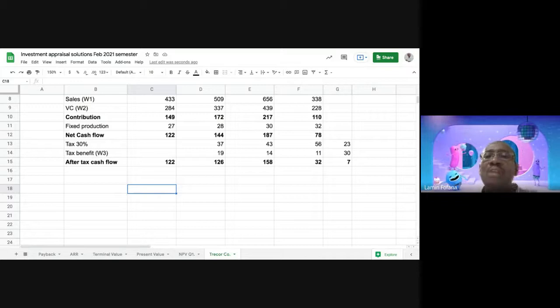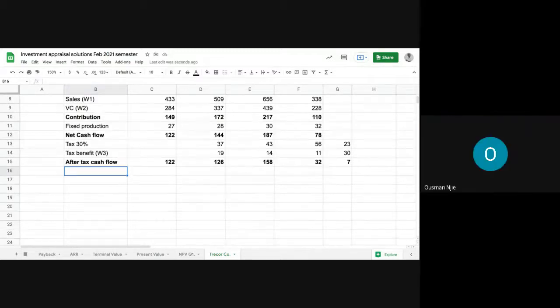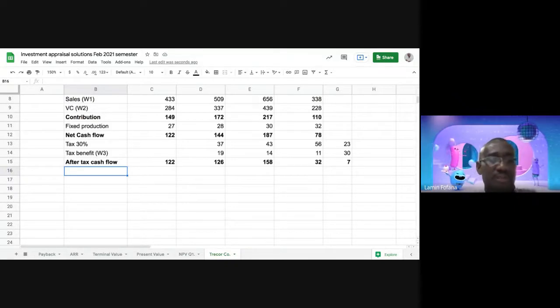Then we have one more item that should come to our cash flow statement. What is that? There is one cash flow item that has not come. That is the disposal proceed. Is that going to be an inflow or outflow?